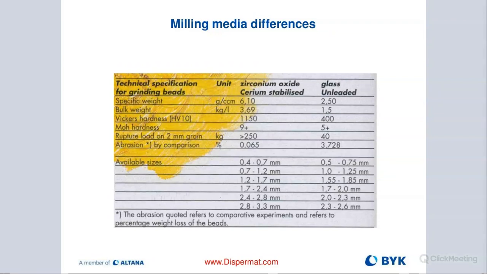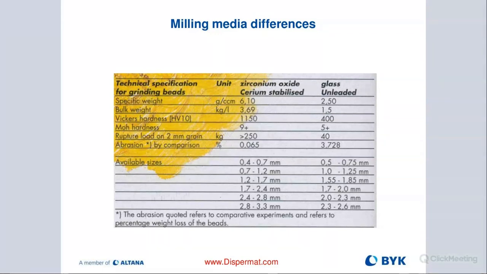That metal wear would bleed into your mill base. We have actually seen that milling over time will discolor your product if you're using stainless steel components, and you can turn a beautiful white slurry into a gray slurry.